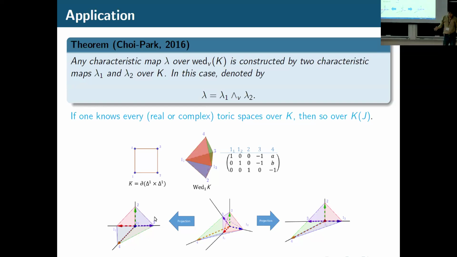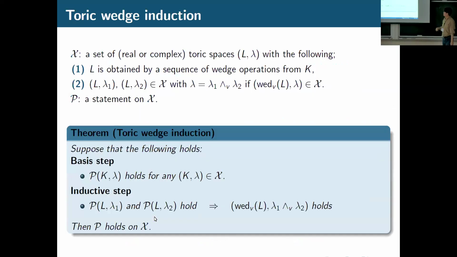So it means that if you have all the information of the characteristic maps over a given K, then you can construct all characteristic maps over the wedge of K. So the classification of toric spaces is nothing but the classification problem on just seed PS pairs. So the problem becomes very small, right? It became a reasonable problem.